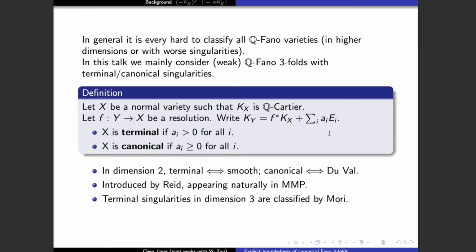And also one advantage of working with terminal singularities in dimension 3 is that they are fully classified by Mori, and we have very many tools to use, such as the orbifold Riemann-Roch formula. Okay, so this is the singularity.